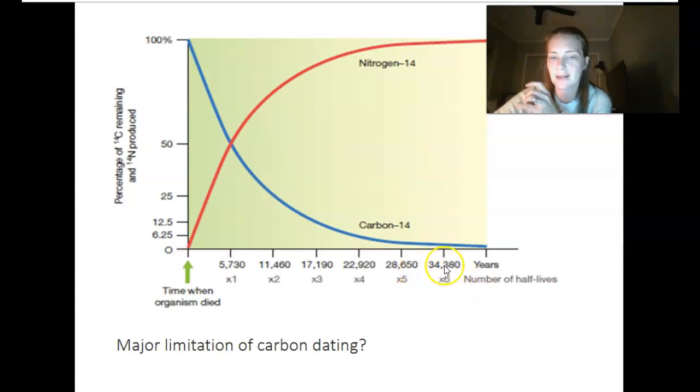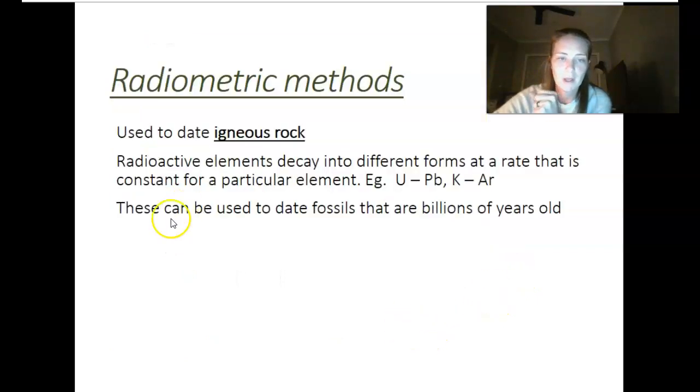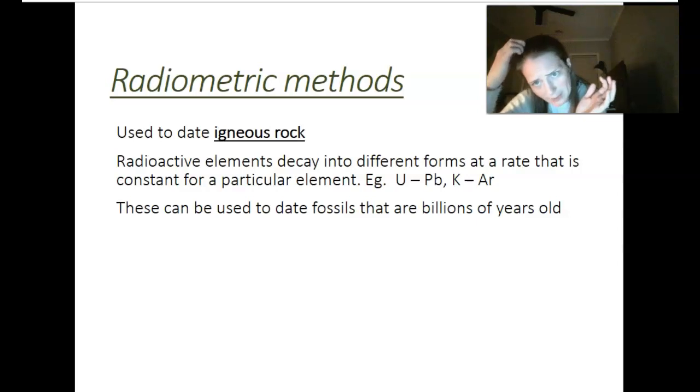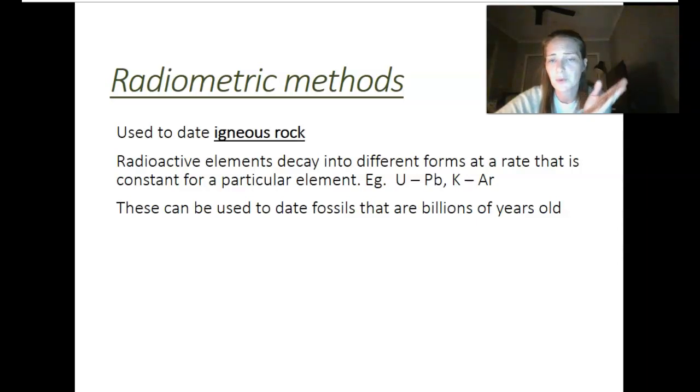But this wouldn't be in 10,000s of years, it would be in billions of years, millions of years probably, for those two examples. It is good because it's got a bigger range that we can go back with, and would be useful for things that are millions of years old.